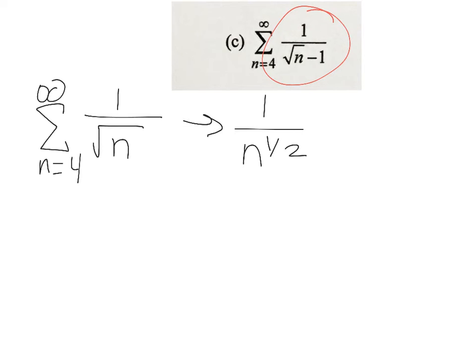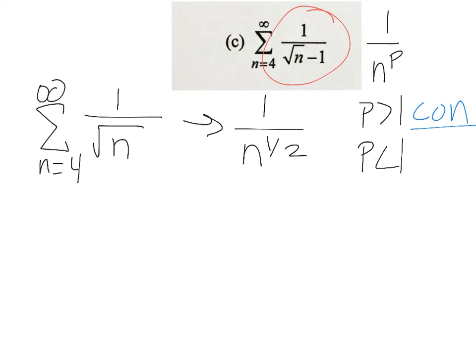With that, we can relate it back to our p-series like we did for the first one. Just to remind you guys, our p-series general equation is 1 over n to the p. When p is greater than 1, it's convergent, and when p is less than 1, it's going to diverge.